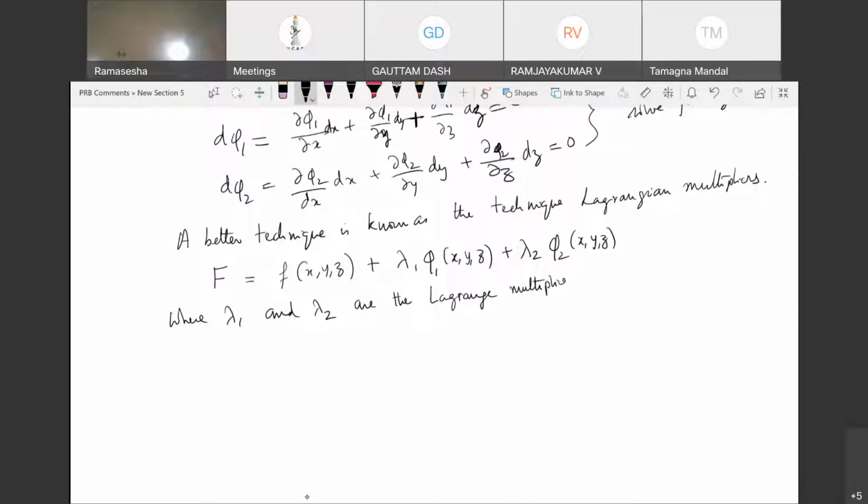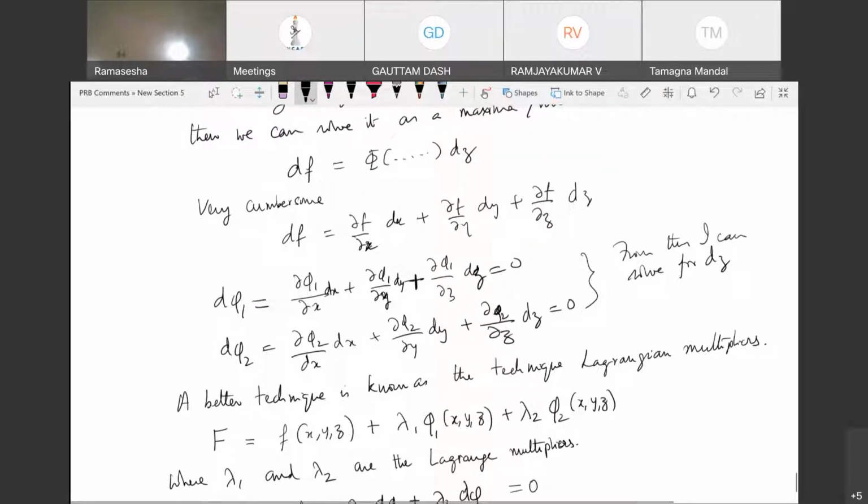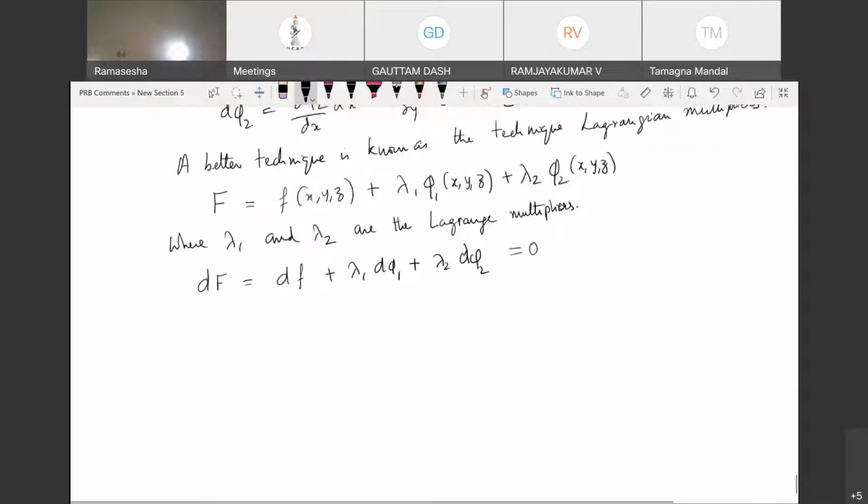So what we have now is d phi equal to 0, which means df plus lambda 1 dp1 plus lambda 2 dp2 equal to 0. And we have the following equations. Let me use an example, that's much easier.